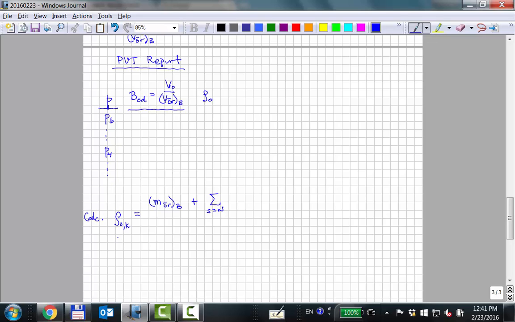We take all of the gases that we removed, stage S, divided by, so that's all of the mass. It's the final oil mass plus all the gases that were removed.